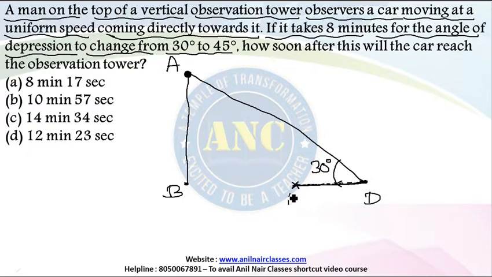Let me call this point C. The angle of depression at point C is 45 degrees. It is given in the question that it takes 8 minutes for the angle of depression to change from 30 to 45 degrees. Initially at point D it was 30 degrees, now at point C it is 45 degrees.